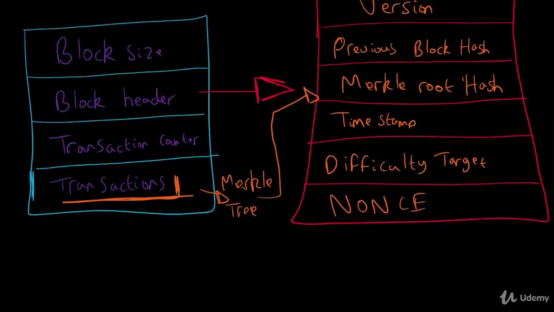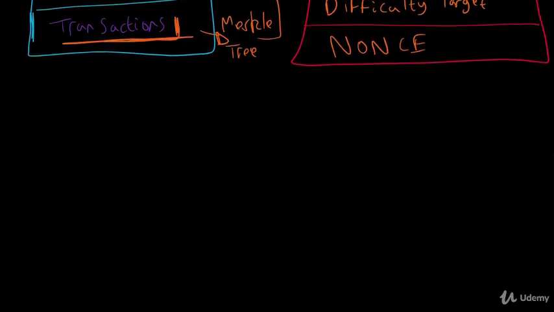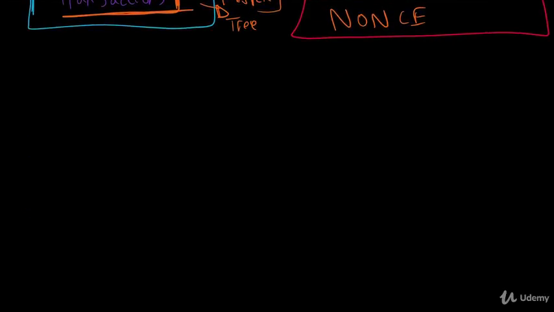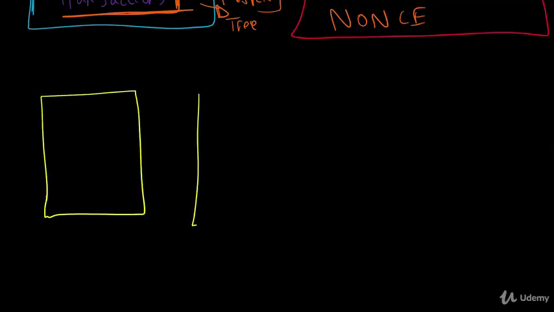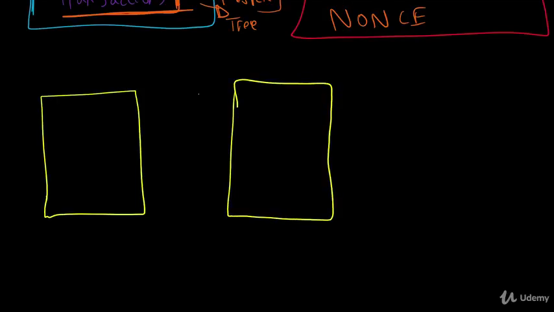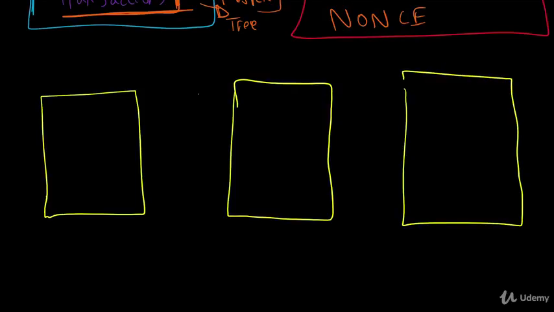Now that we've actually seen the overall structure, let's go to a higher level view. So imagine if we have, and I'll put a bigger space between it, we have 3 blocks. The number of blocks doesn't actually matter.